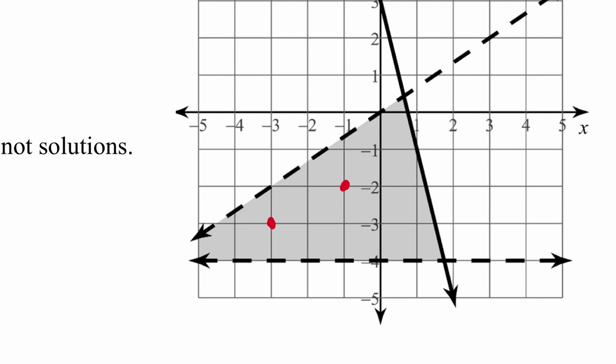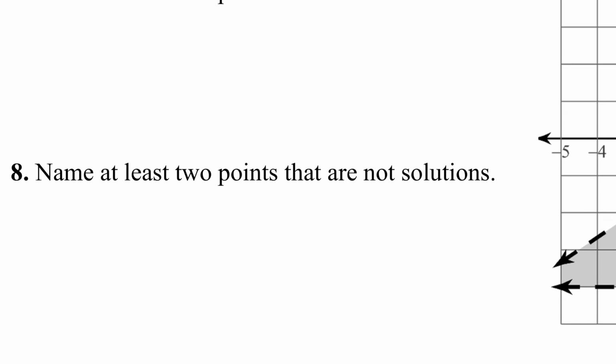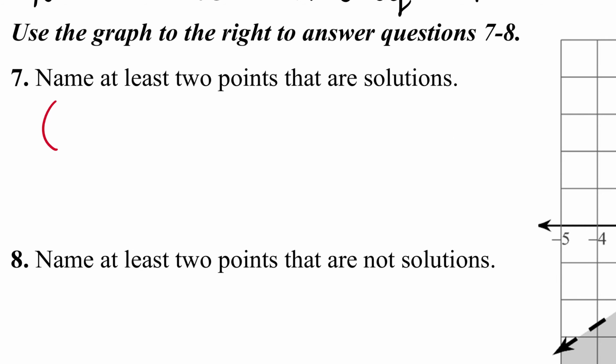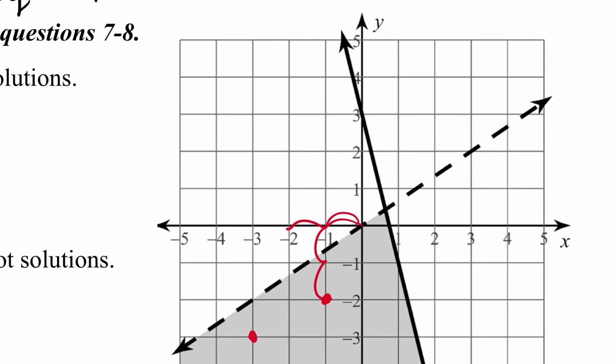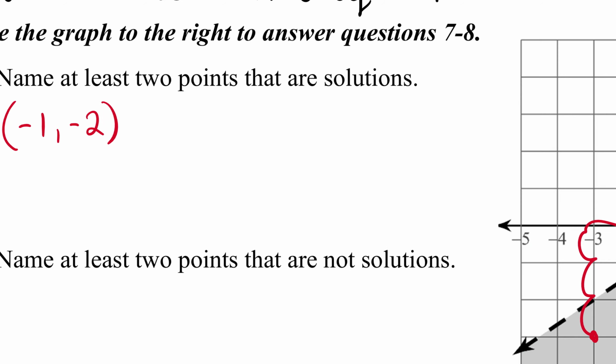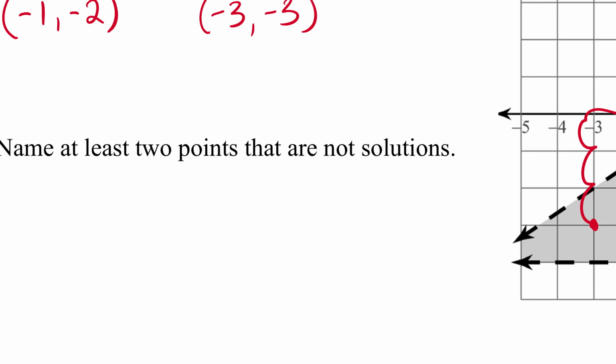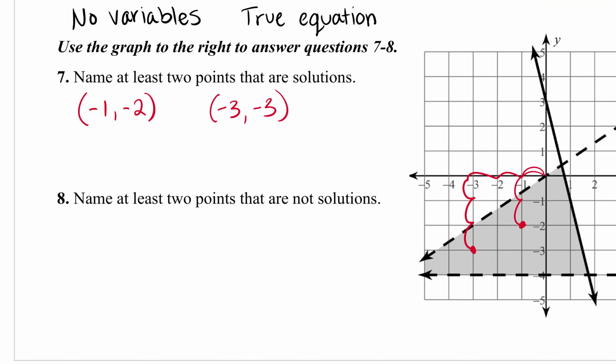The first point is -1, -2. So if I go back to 7, I can write -1, -2. And the second one that I picked was -3, -3. Of course, there are several answers on this one. Those are just 2. There are a bunch that you could have picked.